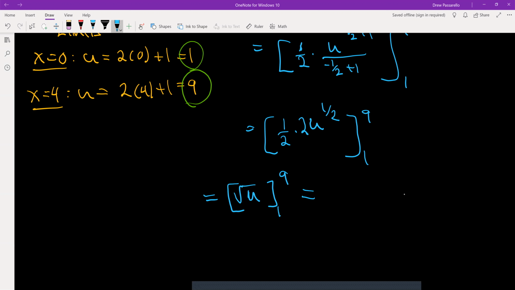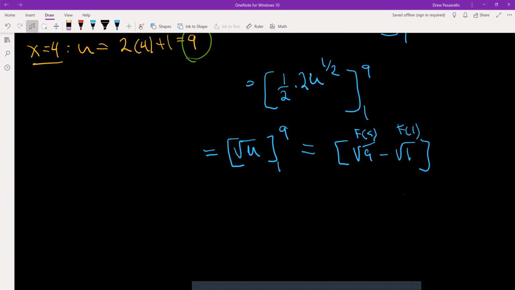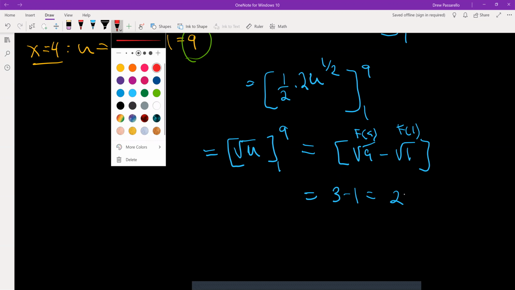So then I apply the fundamental theorem. Do the square root of 9 minus the square root of 1. That's our capital F of 9, and then capital F of 1. So 3 minus 1 is 2. So our answer for this one is 2.